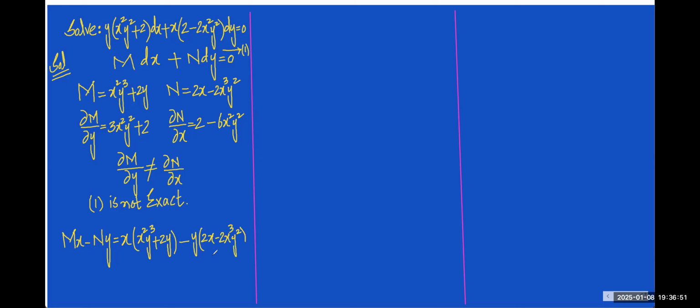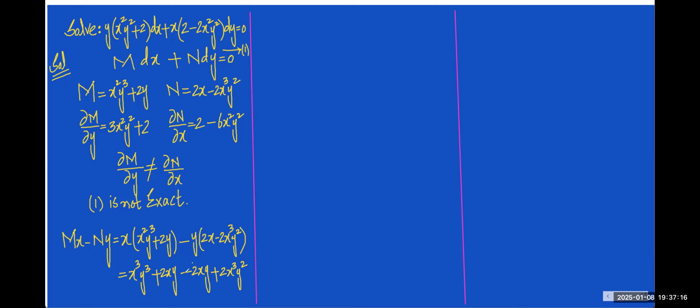Definitely verification is also there in our problems, because after doing this one, if you check it, the non-exact will become exact. x cube y cube plus 2xy minus 2xy, minus into minus plus 2x cube y cube.